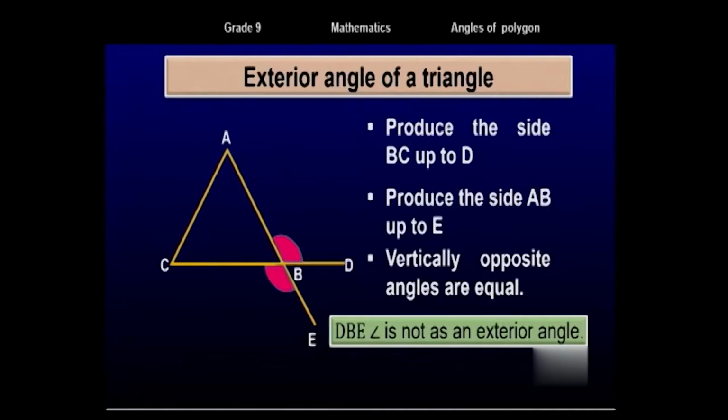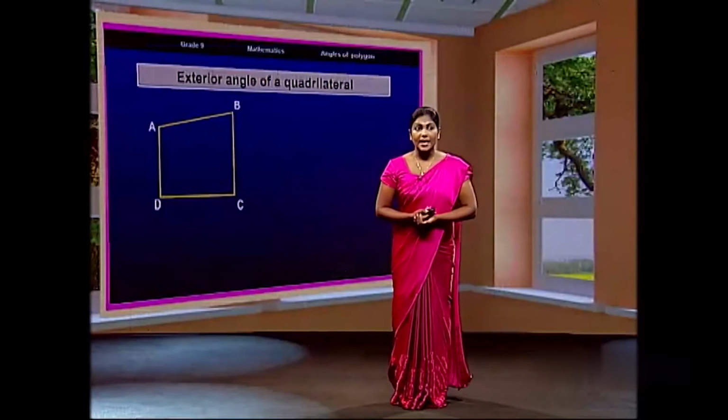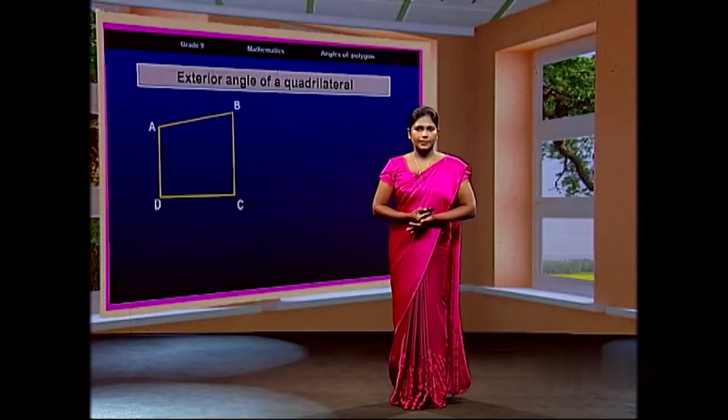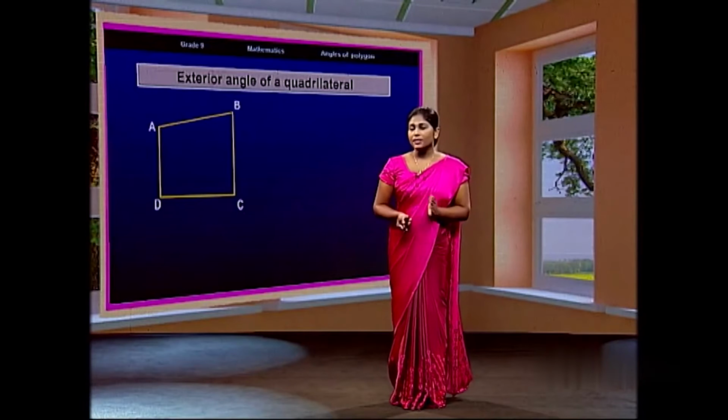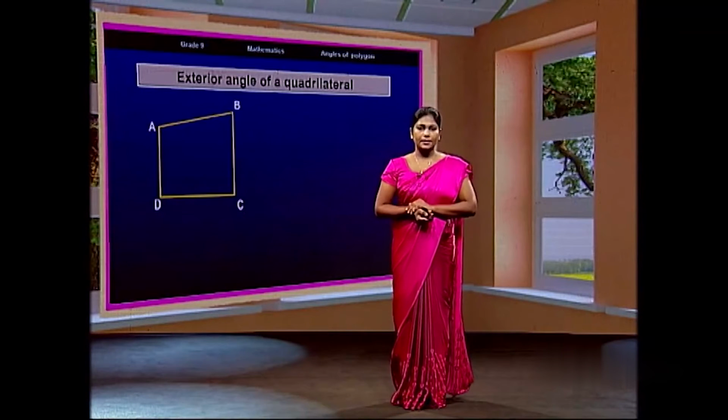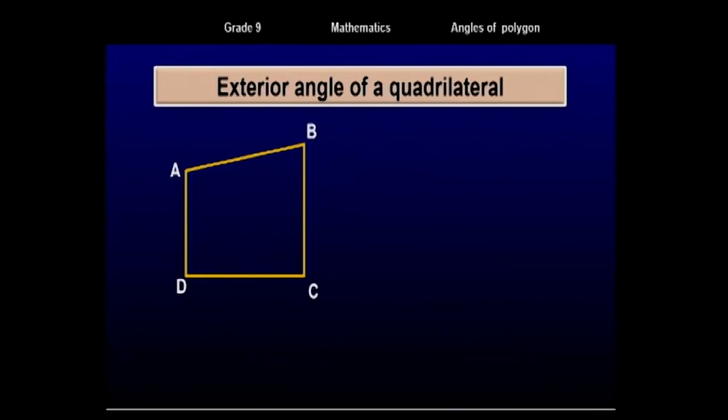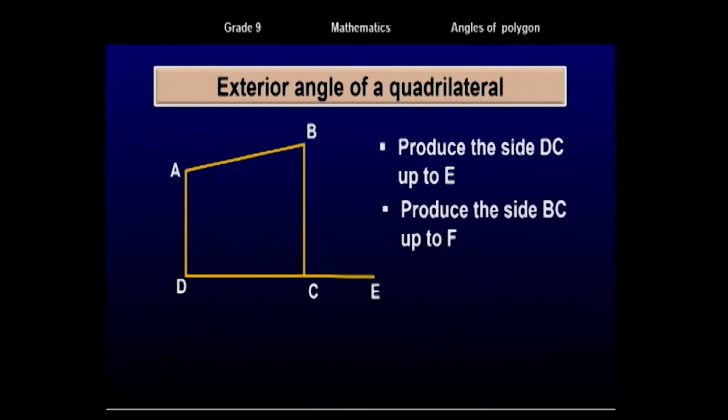What about the quadrilateral? Look at that diagram. Now we talk about exterior angles of a quadrilateral. Quadrilateral means there are 4 sides and it is a closed plane figure. Now I produce the side DC up to E, and also produce the side BC up to F. Then you can obtain exterior angles.